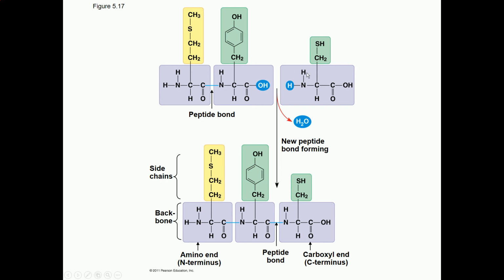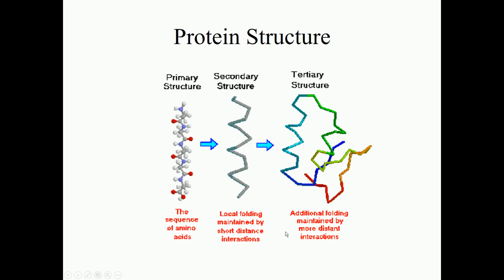To join these two amino acids, they are going to lose one molecule of water, which is called a dehydration reaction. This amino acid is going to lose OH, this amino acid is going to lose H, and together they lose one molecule of water. That results in the formation of a bond between these two amino acids, and this bond is called the peptide bond.